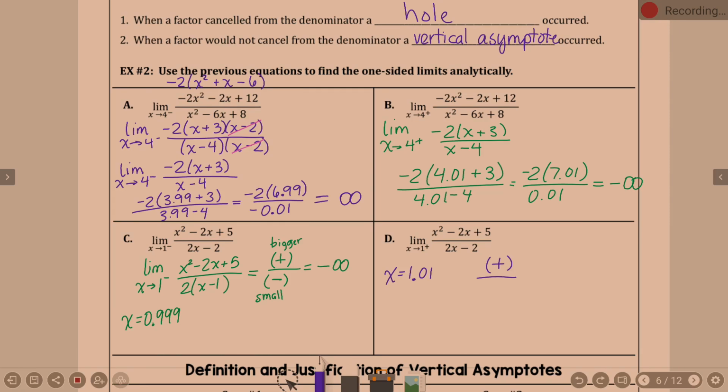What about the bottom? 2 times something a little bit bigger than 1, minus 2, is going to be a positive. It's still going to be a really small number, but a positive. A positive divided by a positive is positive infinity. I don't know why I just wrote positive infinity, but I did.